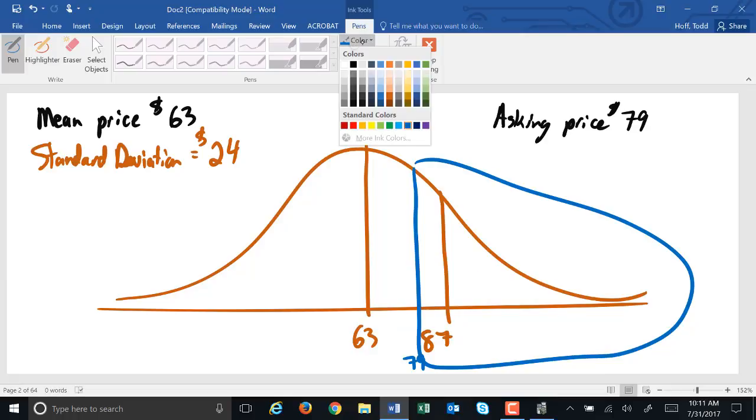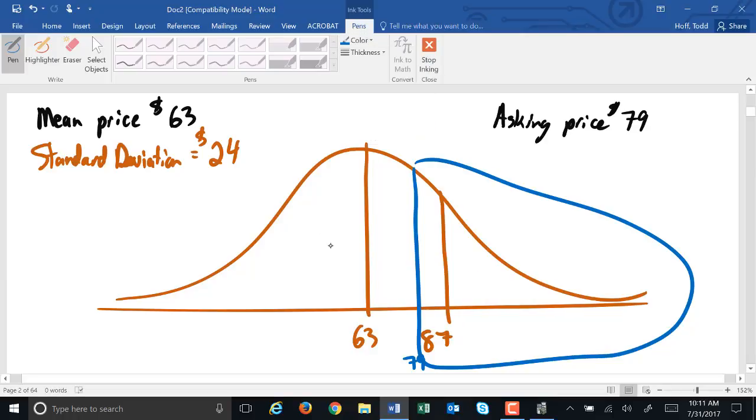Since the curve is symmetrical, we don't need to fill this in. This half here is 50%, right? That from here to here is 34%. Well, 79 is somewhere in the middle of that. We don't know exactly where, but somewhere in the middle. So from here out would be 16. There's more than 16% that's larger than that, less than 84% that's smaller than it.